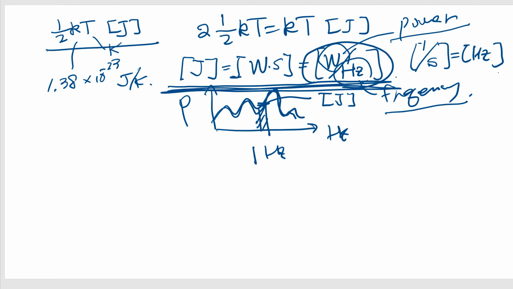Then we know that electrons in metal at temperature T Kelvin are able to contribute to current conduction when excited at some T Kelvin.